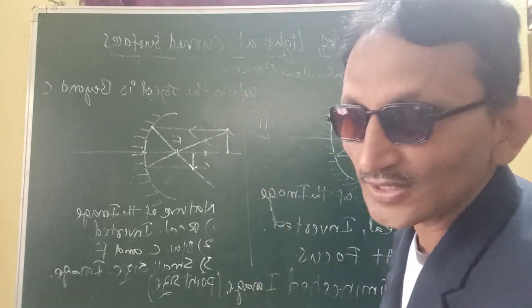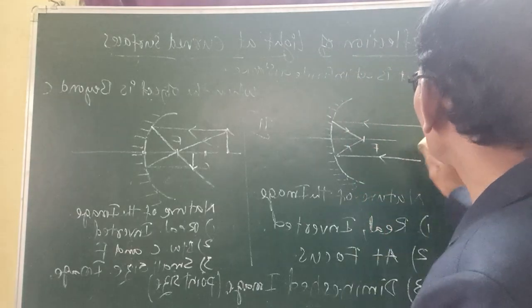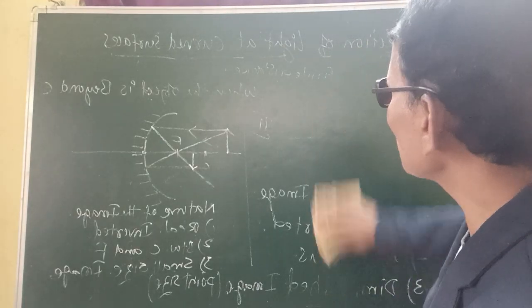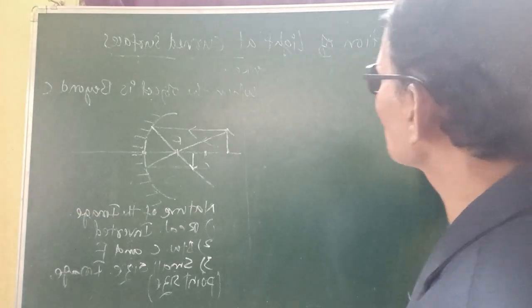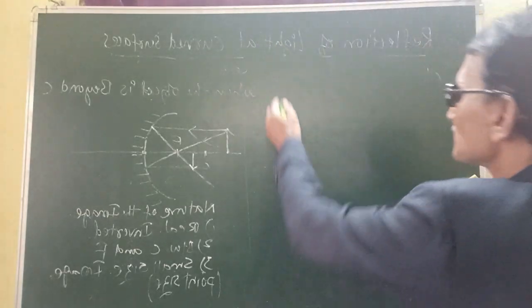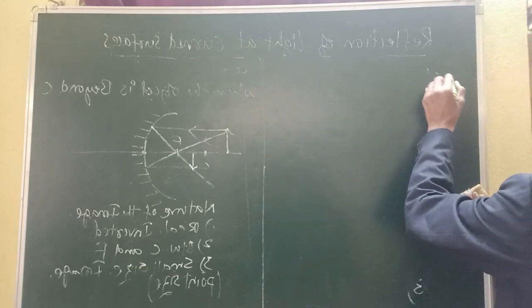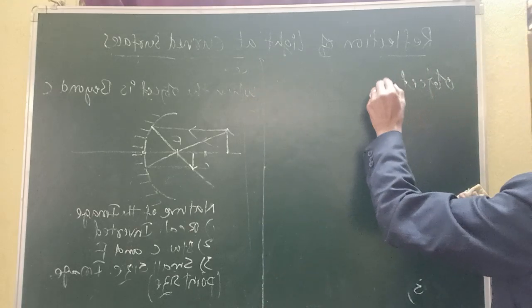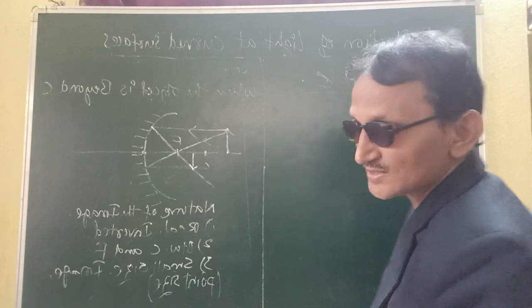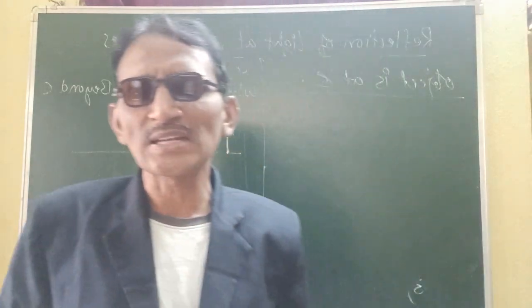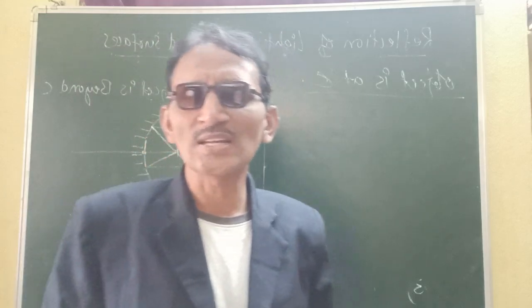Now let us see the third condition. In the case of the third condition, when the object is brought at C, we have to remember at C, same size. The object is at the center of curvature. When the object is at the center of curvature, how is the nature of the image?